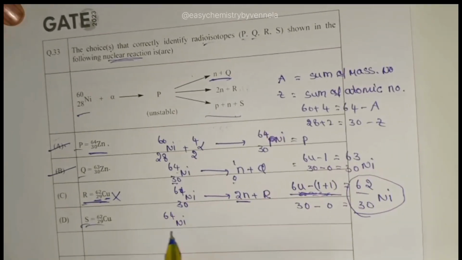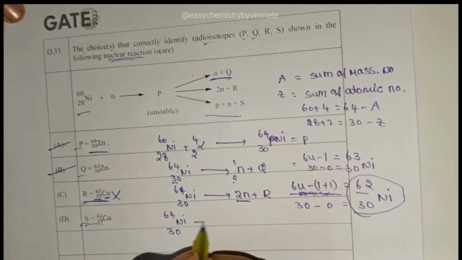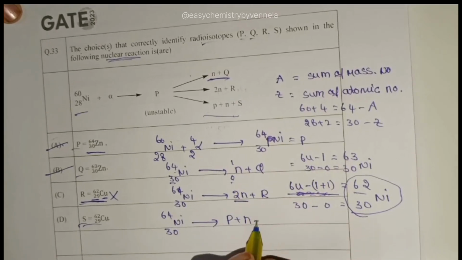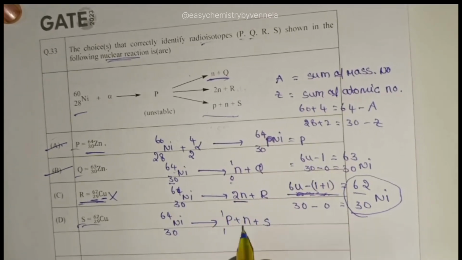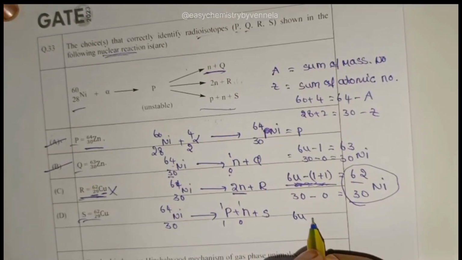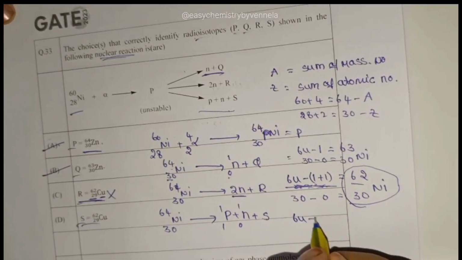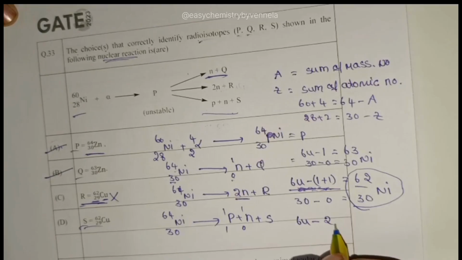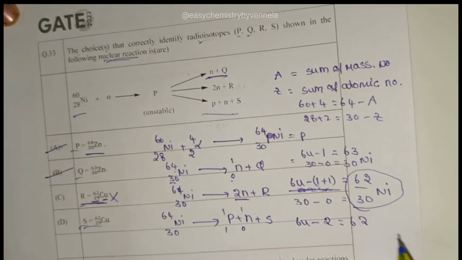Next. Nickel 64, here 30. Proton plus neutron plus S. Proton means 1, neutron 1, 0. So 64 minus 1 proton, 1 neutron, that is equal to 62.